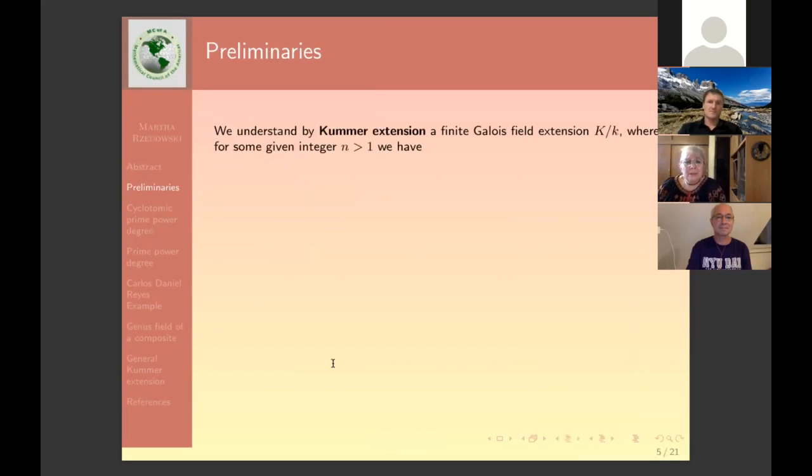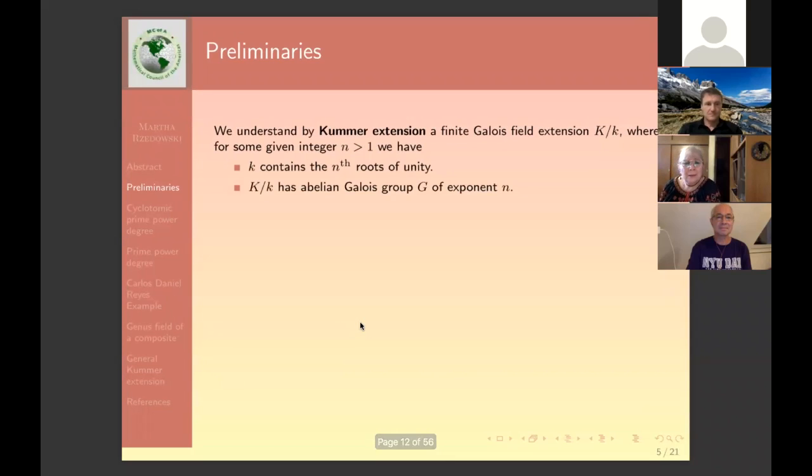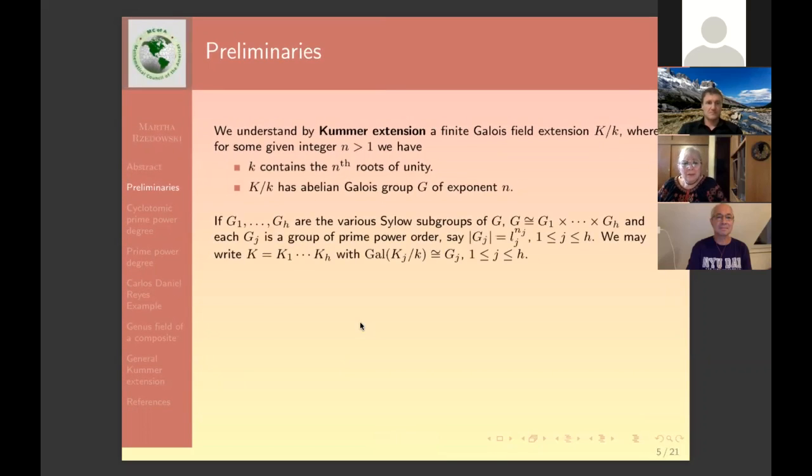Now we consider a Kummer extension: a finite Galois extension K over k, such that for some given integer n larger than 1, k contains the nth roots of unity, and K over k has an abelian Galois group G of exponent n. That's a Kummer extension.